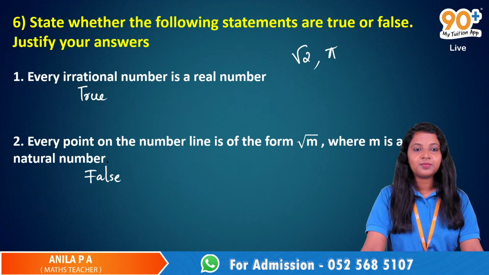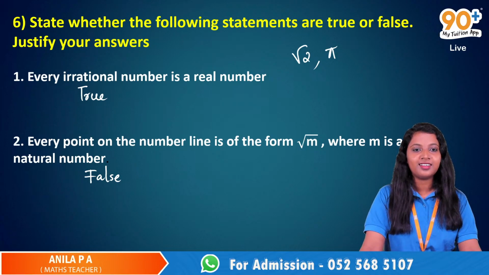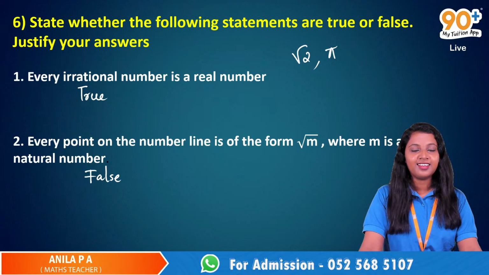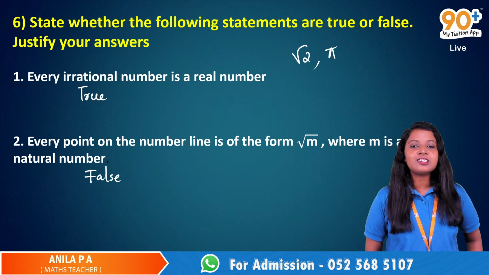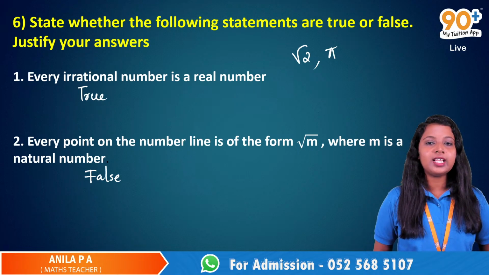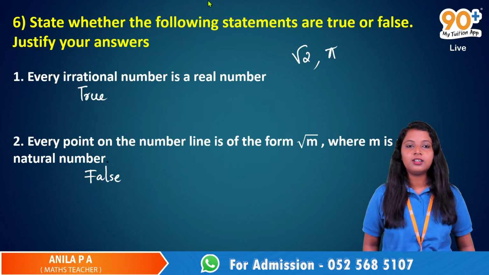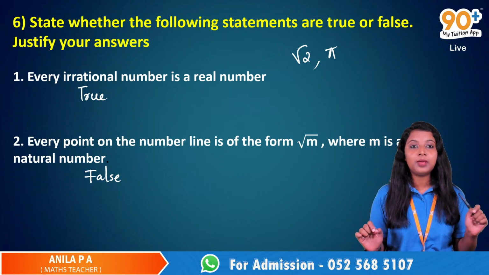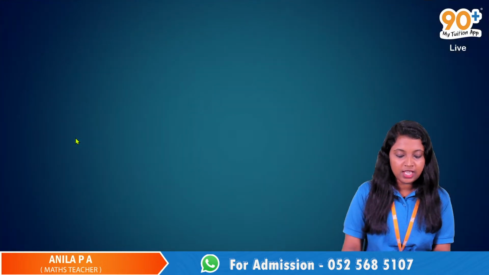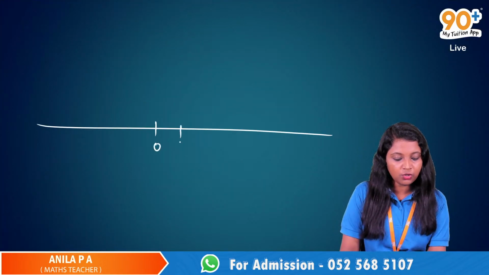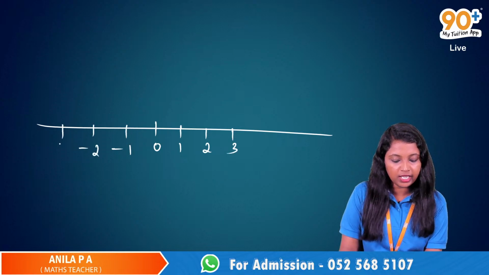For example, there was a question in the textbook to represent root 9.3 on the number line. Others, why is this false? Can you please tell me one example? Every point on the number line means when we draw a number line, we have 0, 1, 2, 3, 4 and we have negative numbers, negative 1, negative 2, negative 3.